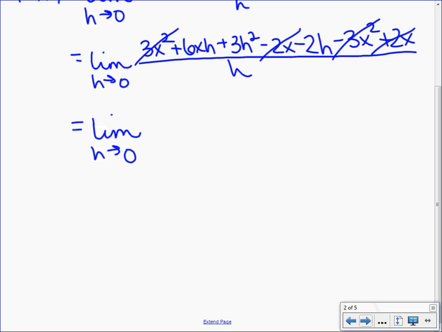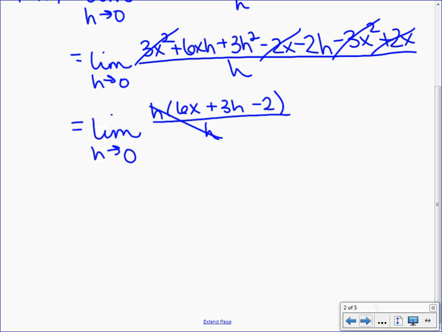What do we do now? Factor out an h. So the h's cancel. Now can we evaluate our limits?